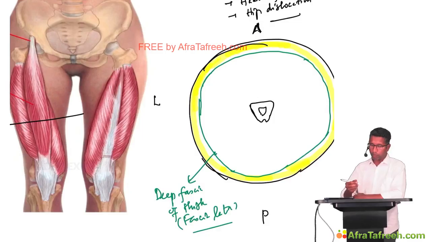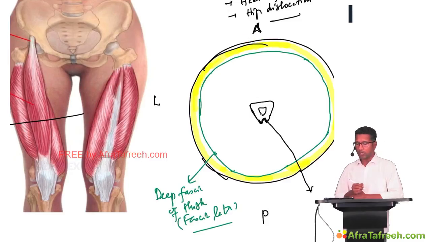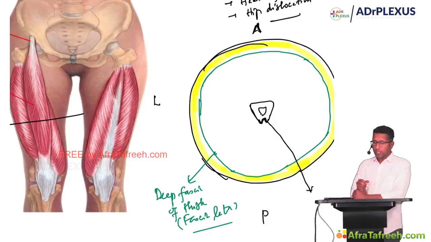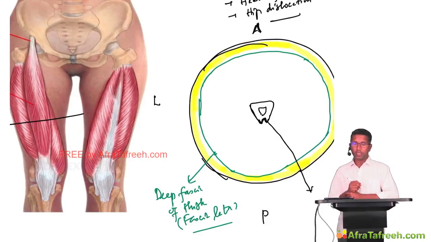Whenever you see the posterior side of the femur, you get a thickening here. Can anybody tell me what the thickening seen on the posterior surface of the femur is called? We saw this thickening in the earlier sessions.